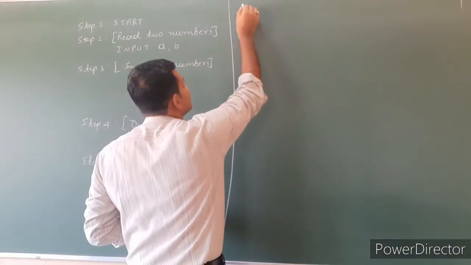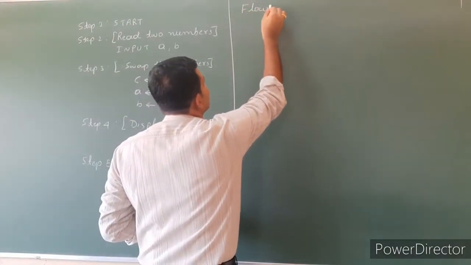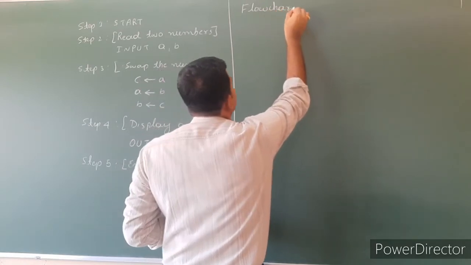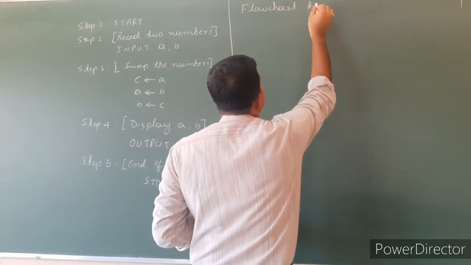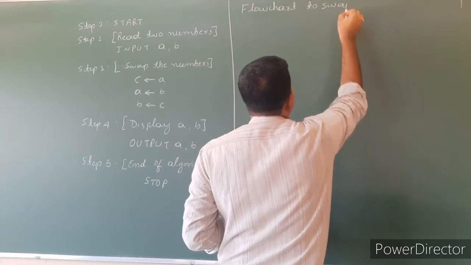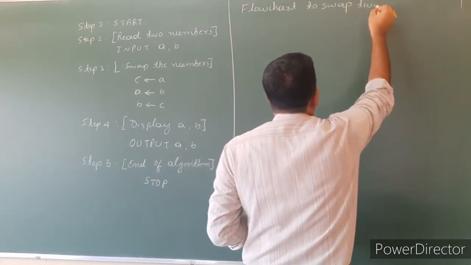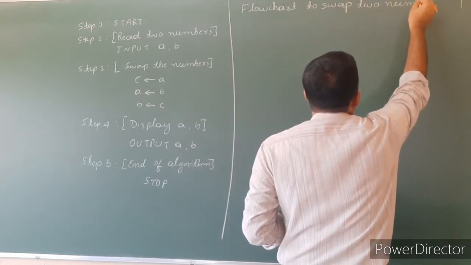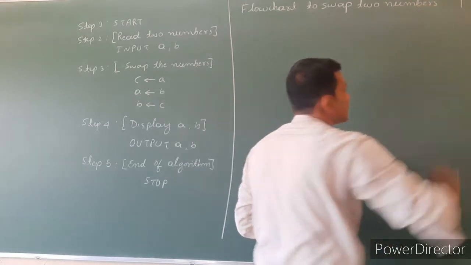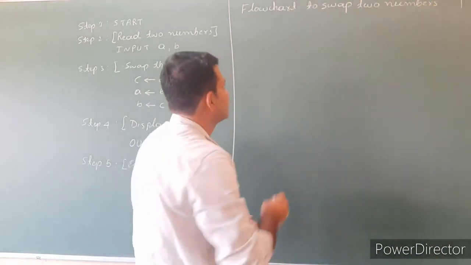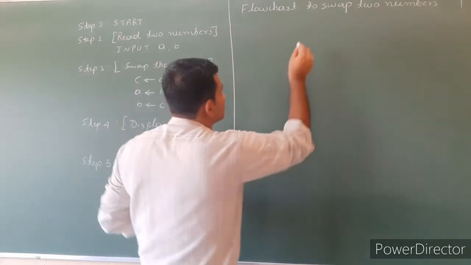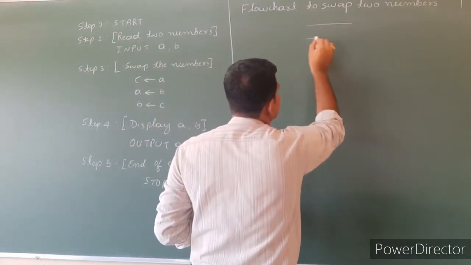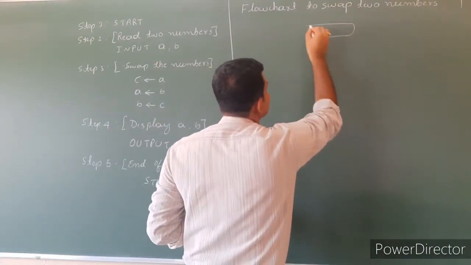That is the flow chart to swap two numbers. So in the beginning, start is represented with an oval. First write the oval.